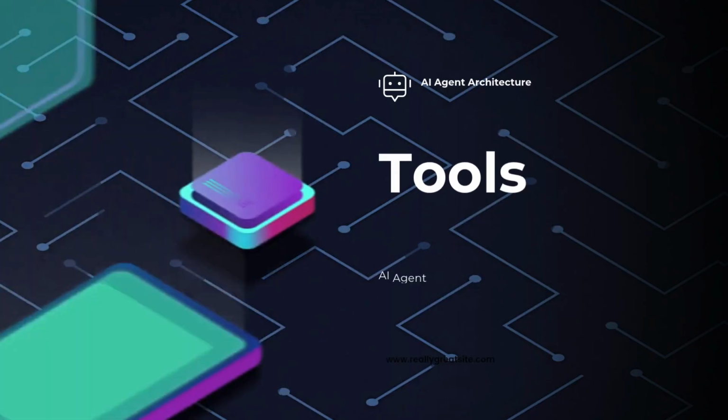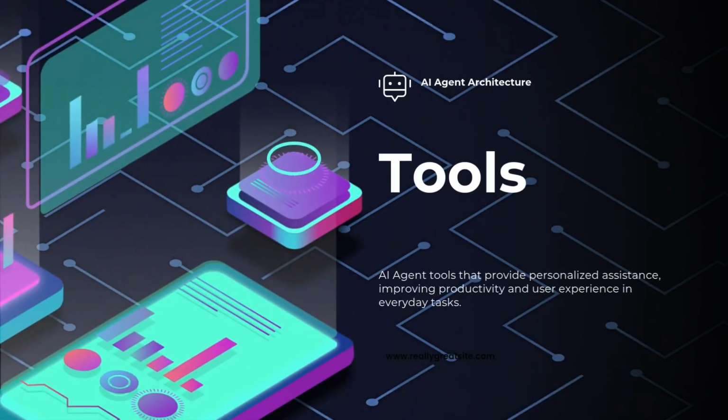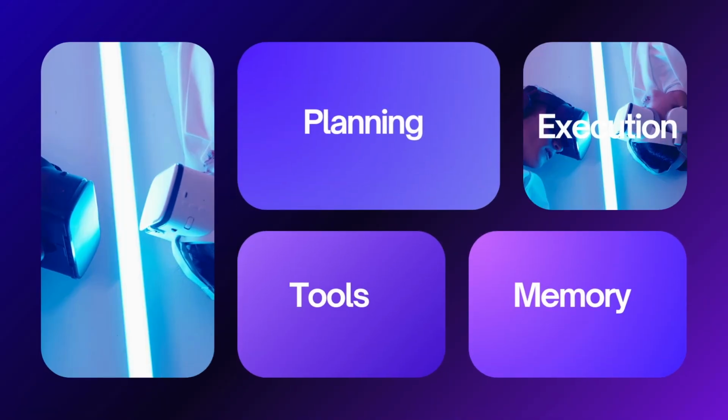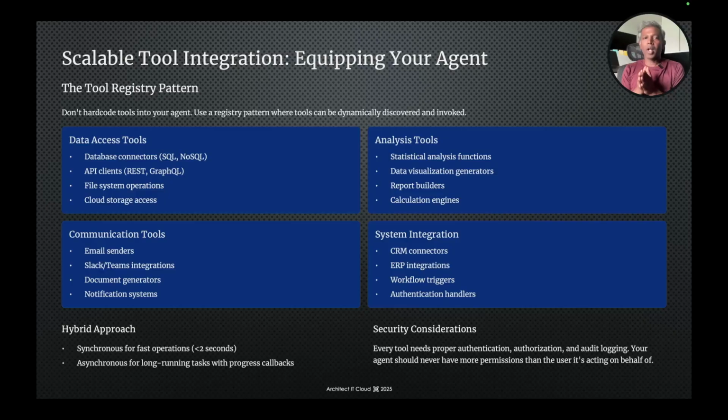And what about the tools integration? We talked about the planning layer, the executor layer, the tools layer, and the memory layer. Now we are coming to understand the tools layer in your AI agent architecture, how to configure the tools, and what best practices you must follow, right? Normally when you configure the tools, make sure you are not giving a static configuration of the tools.